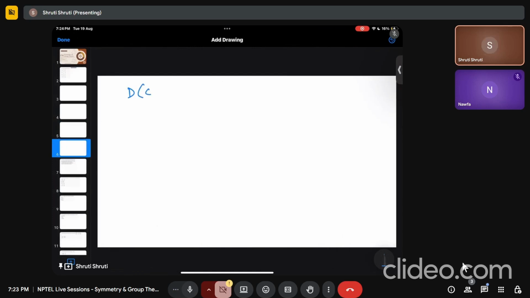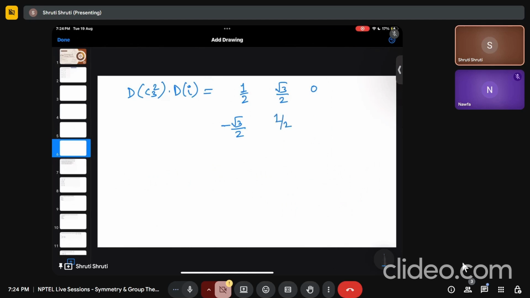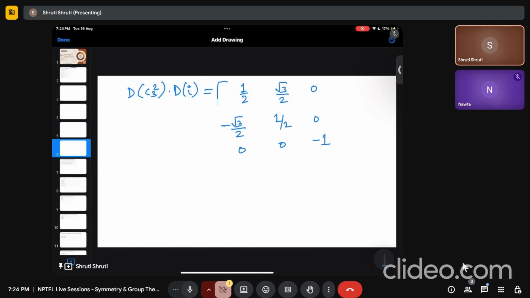So D of C3 squared into D of I will be, after multiplication, 1 by 2 with signs minus, plus, minus, plus. So this should be the answer.